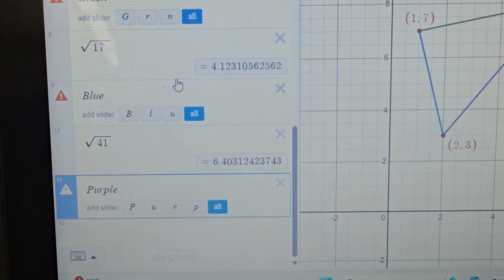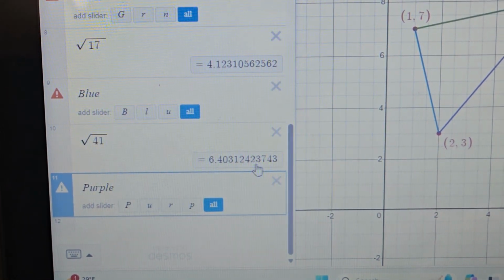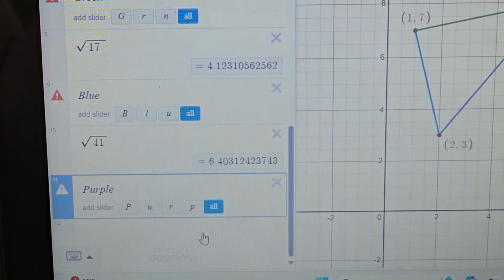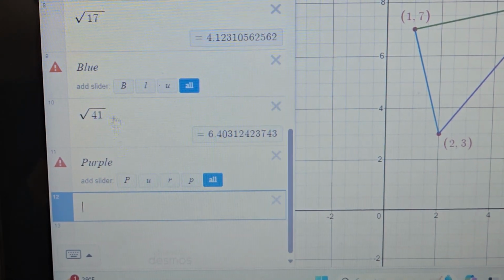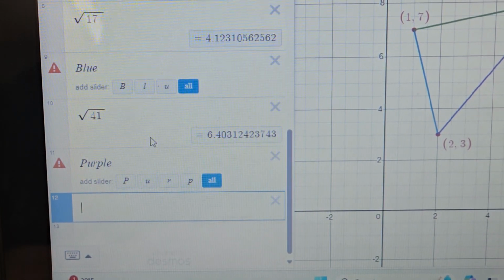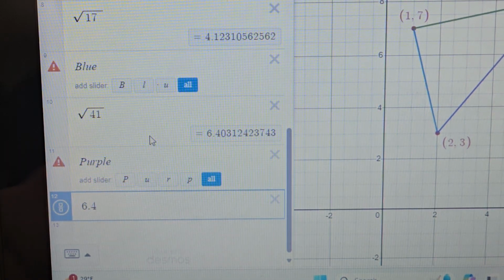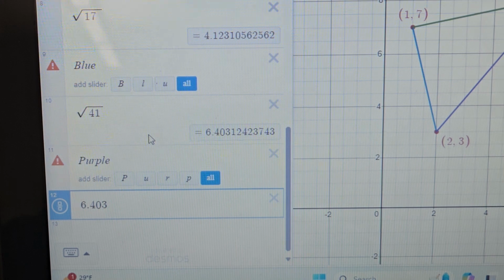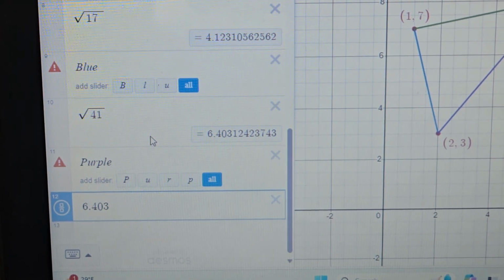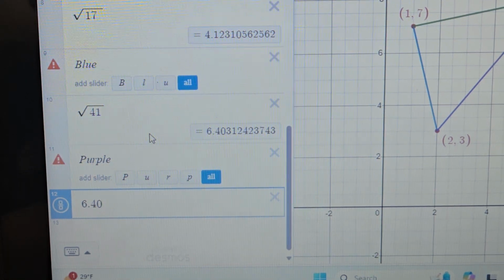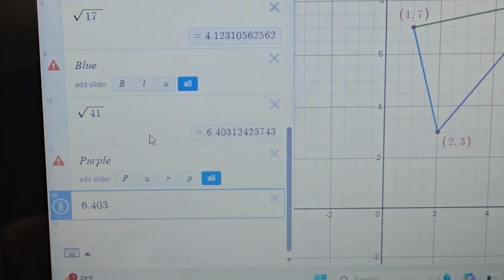And for this one, we'll be rounding up. For example, with square root 41, there's a much easier way to do that: 6.403. 6.43 would be easier, or you can do 6.40, which is the same thing, but I prefer 6.43.